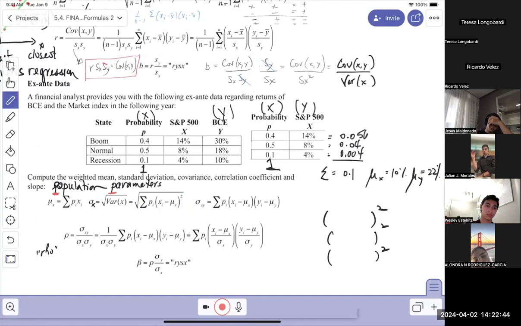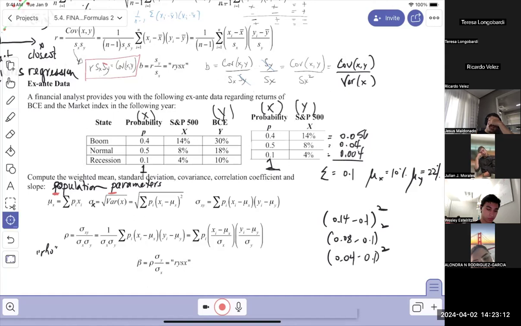So I need to put the deviation from the mean. For sigma x, I need to take all these values and put them down like a column. So this is like Excel. You can't bring Excel to the test, but if you want, you can do your assignment questions and problems with Excel. You just need to practice with the calculator as well, so use your time wisely. So I'm using columns.